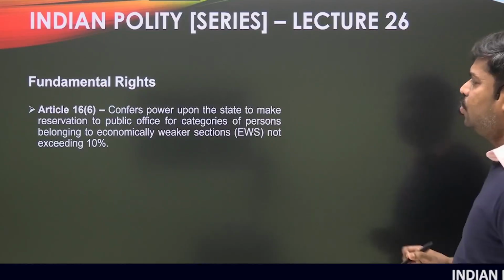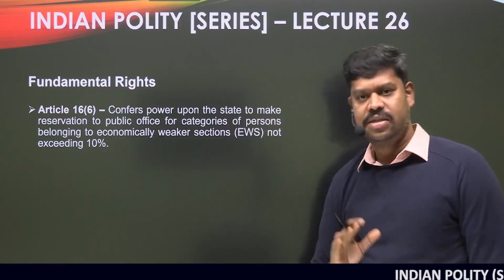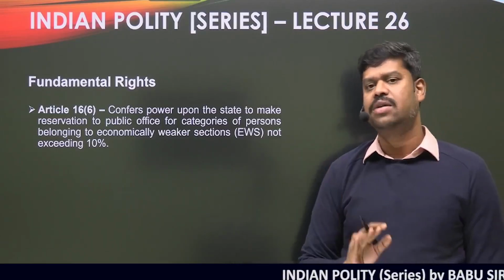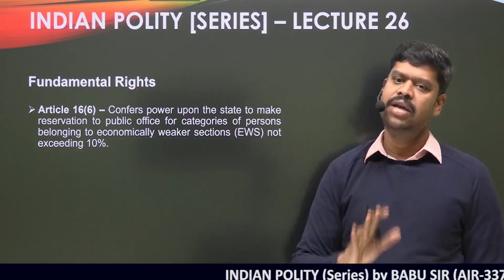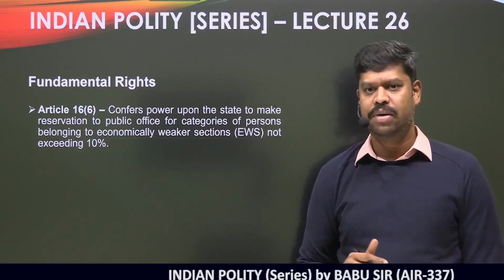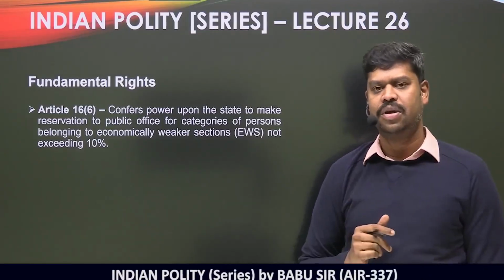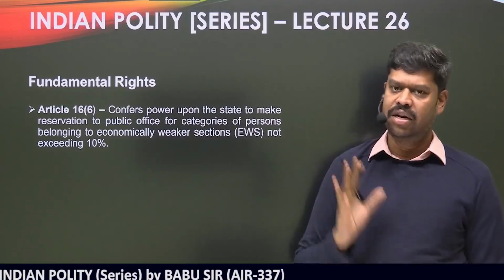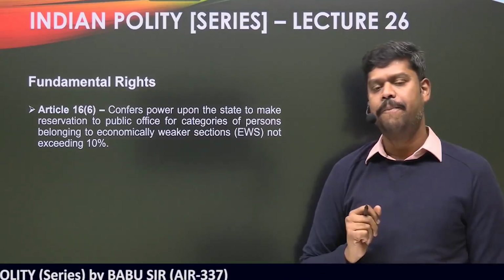Now, come to the next article, that is Article 16 Clause 6. In fact, this Article 16 Clause 6 was inserted by the 103rd Constitutional Amendment Act in 2019. And what is Article 16 Clause 6 saying?